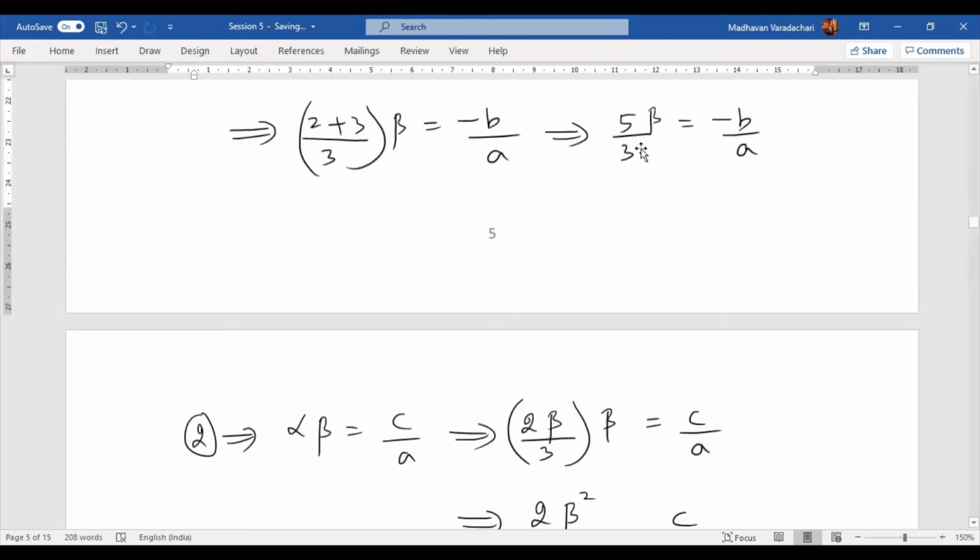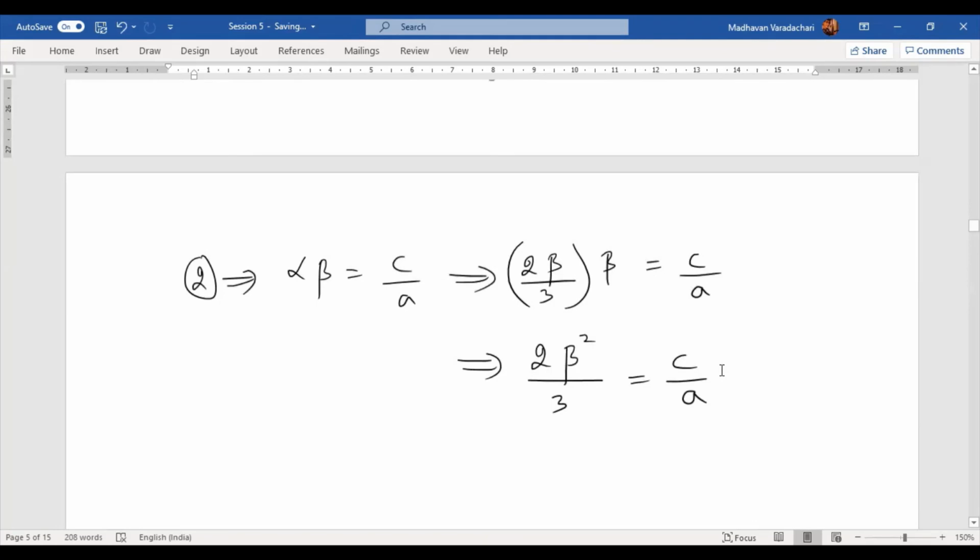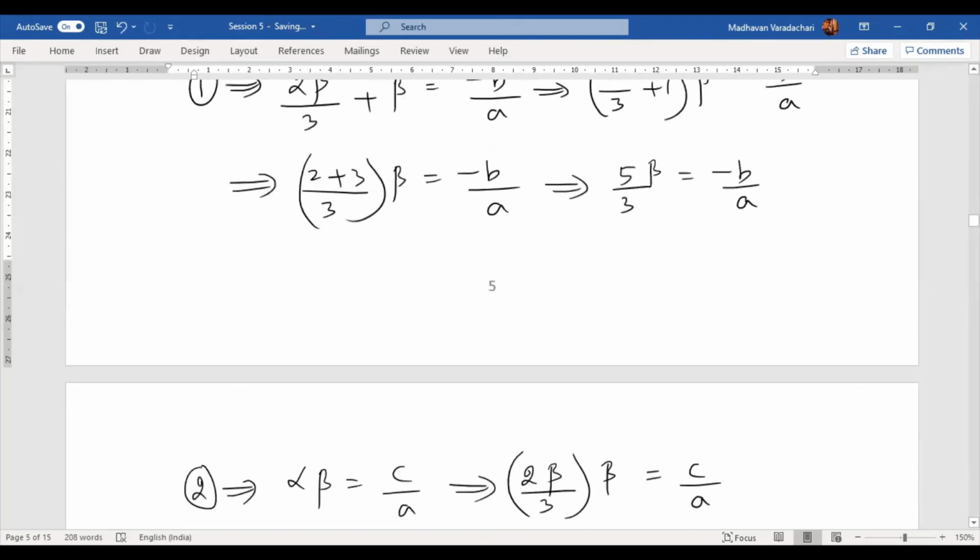Now, here we have beta, here we have beta square. So what we will do, I will square this so that I will get beta square. If I square it on both sides, 5 square is 25, beta square is beta square, 3 square is 9. Here it will become b square by a.